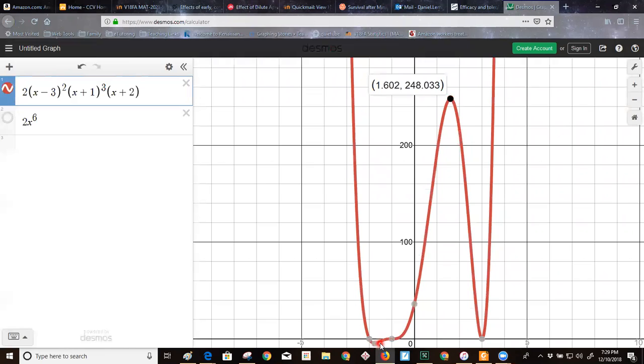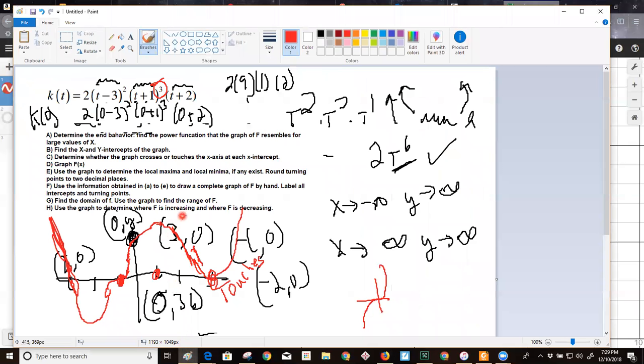The x coordinate: it's decreasing from negative infinity until negative 1.769. It's increasing from that number to that number. Then it's decreasing from this number to 3. And then it's increasing after 3. So that's how you use a graph to figure out increasing and decreasing. And I guess that's it. Hopefully that'll help you walk through that problem.